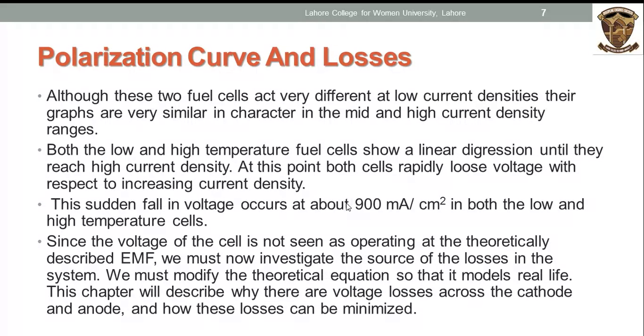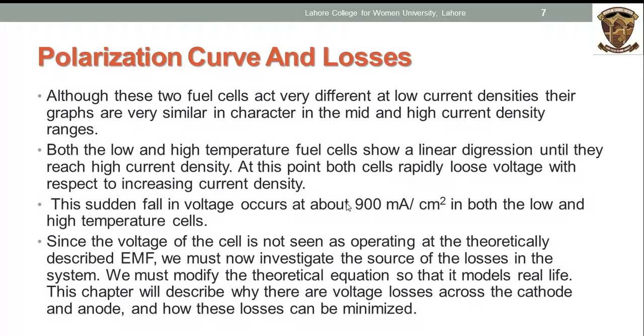Although these two fuel cells act very differently at low current densities, their graphs are very similar in character in the mid and high current density ranges. Both the low and high temperature fuel cells show a linear degradation until they reach high current density. At this point, both cells rapidly lose voltage with respect to increasing current density.